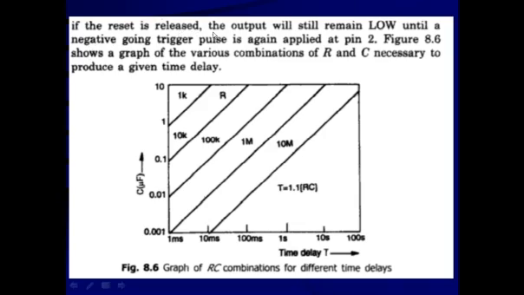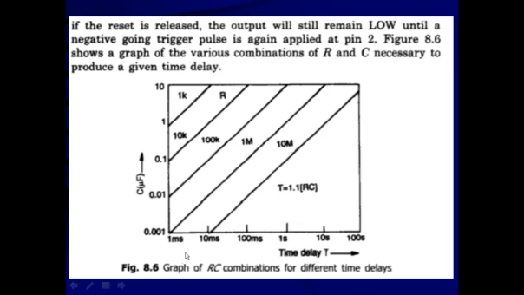If the reset is released, the output will still remain in the low state until the next negative going trigger pulse is again applied at pin number 2. Figure 8.6 shows a graph of various combinations of R and C necessary to produce a given time delay. So here you can see the different values of the capacitor and different values of the resistance. Resistance can be taken as 1K, 10K, 100K, 1 megohm, 10 megohms, and for various combinations the time is obtained through this graph.